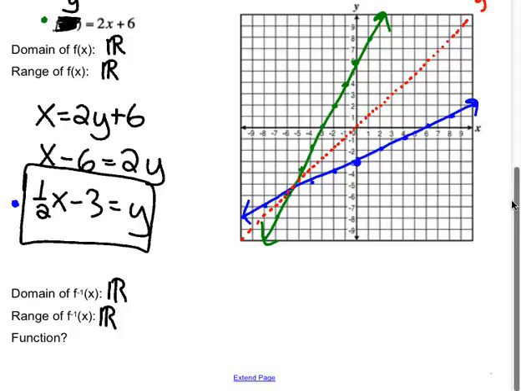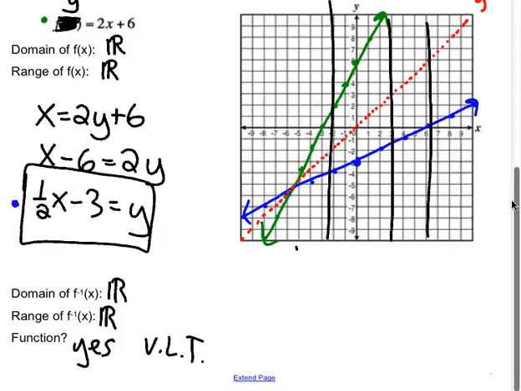So now the question, is the blue line a function? Is the inverse a function? And here I think it's very clear, yes, it is. And if you ever need to check, remember, all it takes is the vertical line test. If you're thinking graphically, vertical line test says, it doesn't matter where I draw vertical lines, it's only going to touch that blue line once.